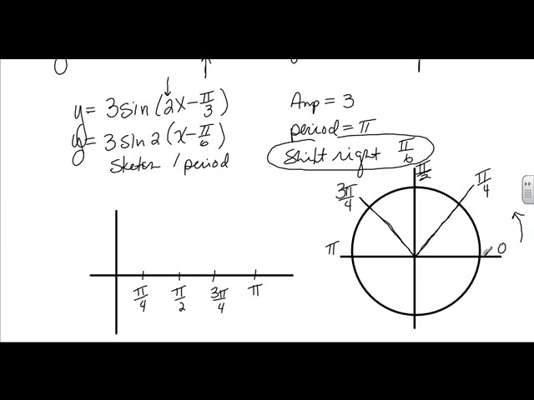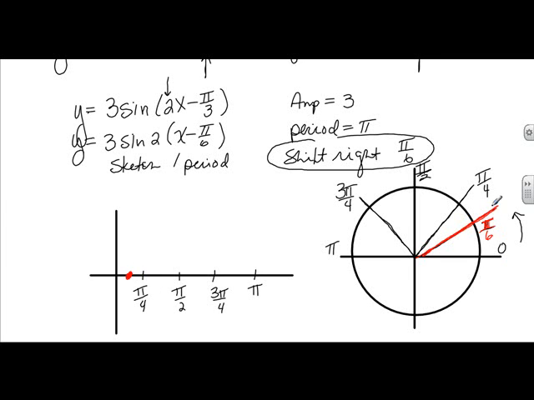So to go from 0 to the right pi over 6 units, let's use a red pen, will give us pi over 6. Okay, and pi over 6 is going to be just a little bit closer to pi over 4 than it is to 0.